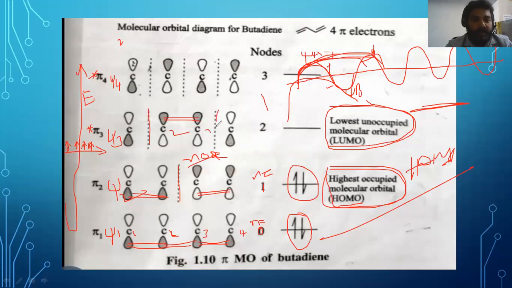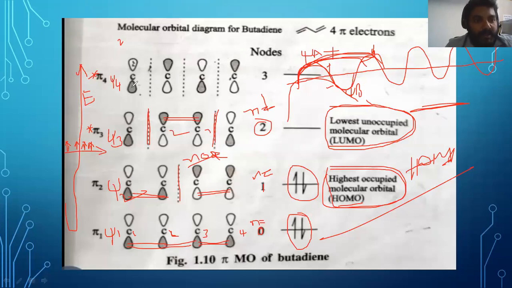There is repulsion here, and a possibility of nodes. Now psi 3: how many nodes? n is equal to 2 nodes.